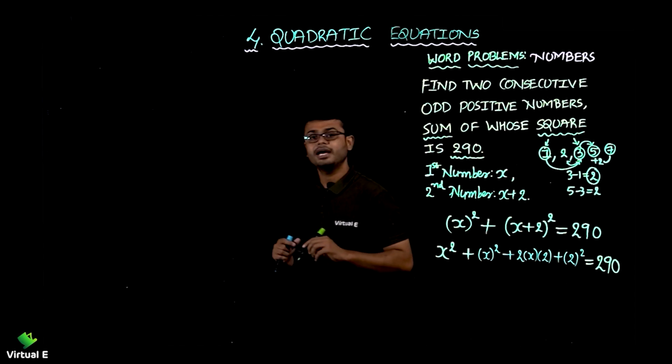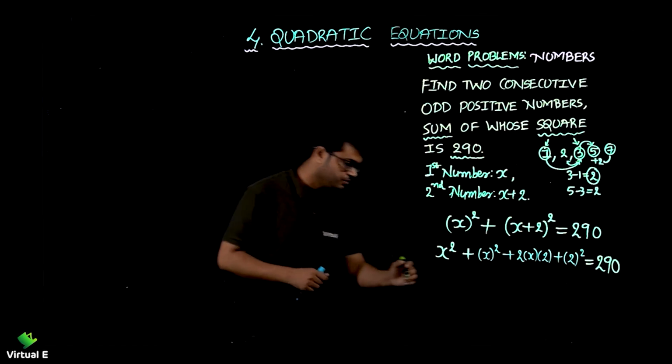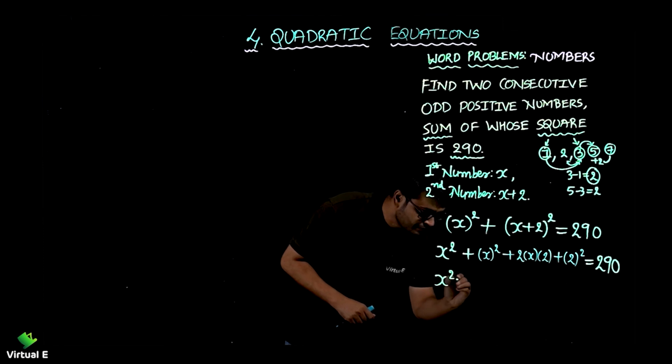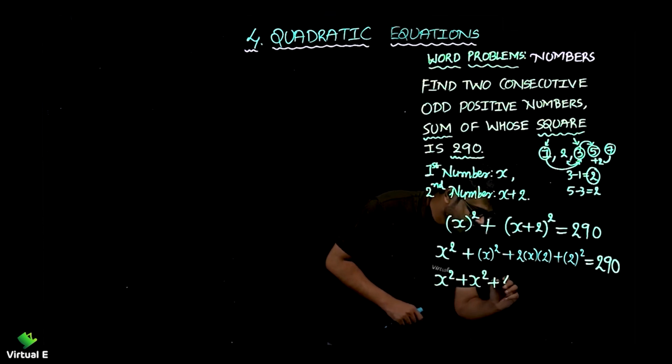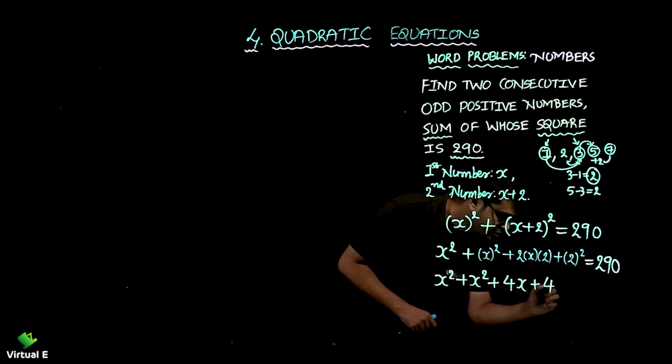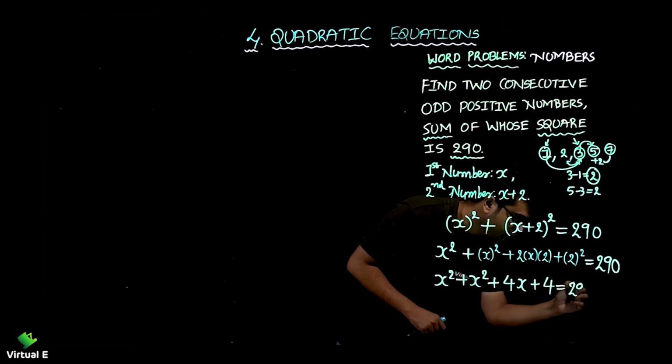So x square plus x square plus 4x plus 4 is equal to 290.